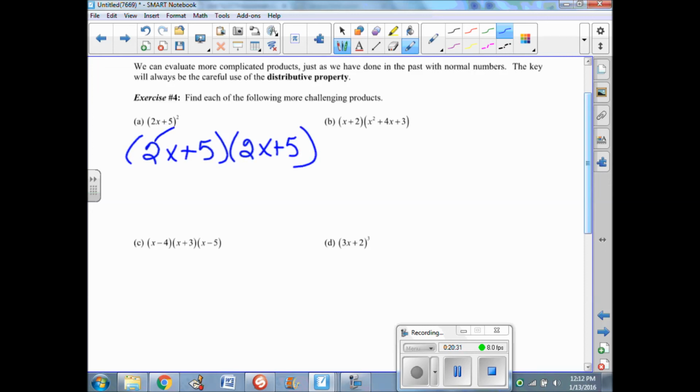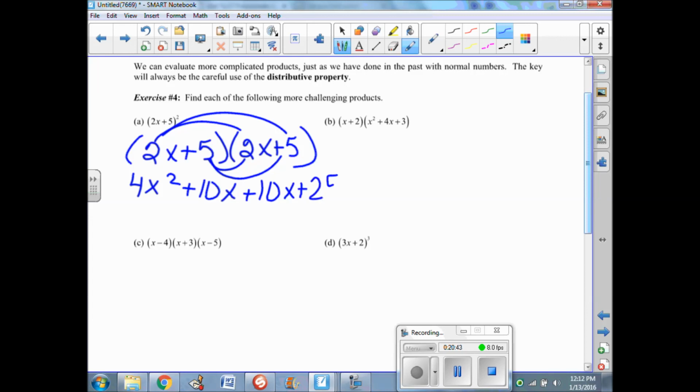So now double distribute. 4x squared plus 10x. Now we'll distribute again, that 5, plus 10x plus 25. Combine like terms. 4x squared plus 20x plus 25. Boom, there's your answer. We just multiplied.